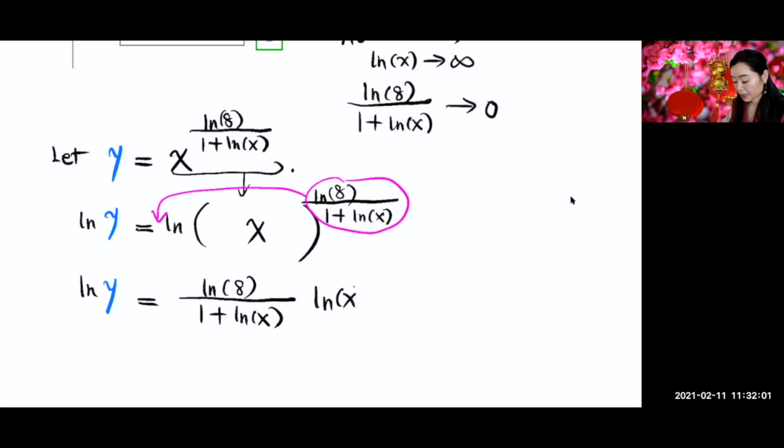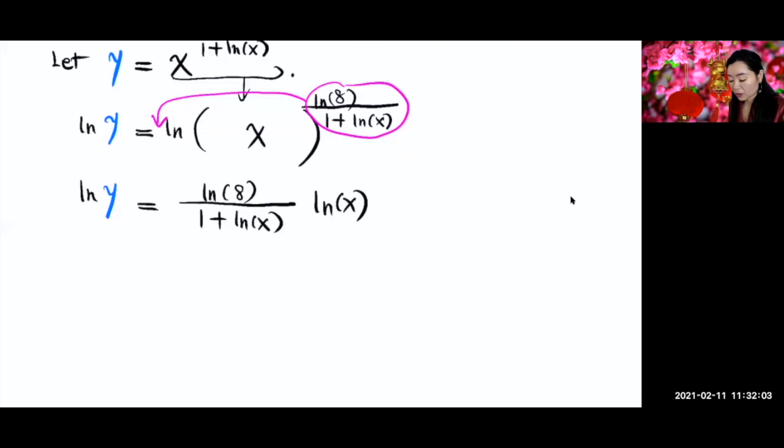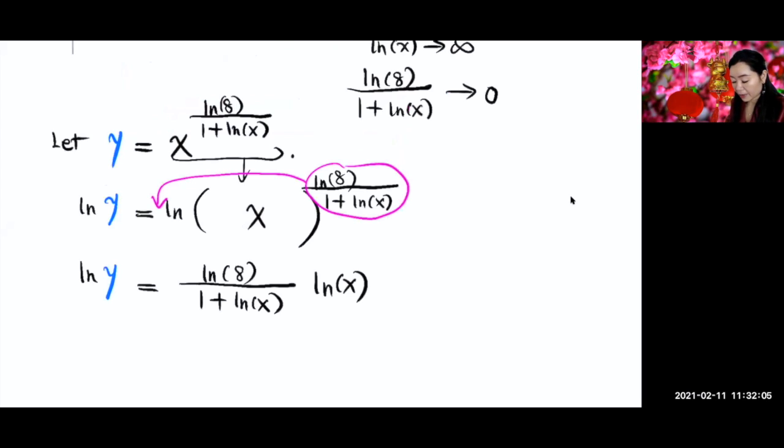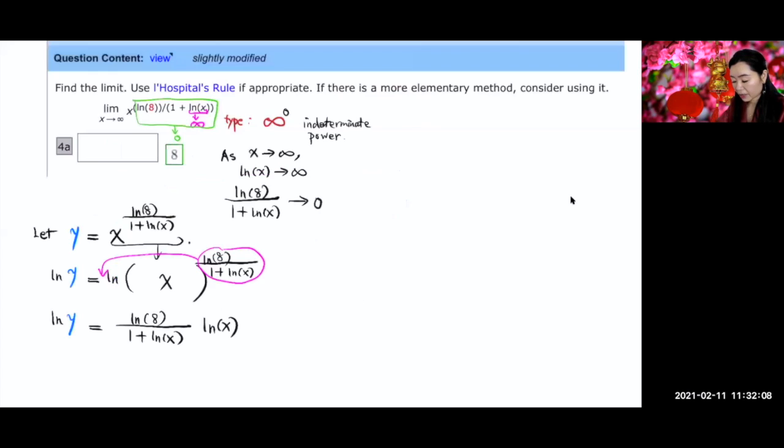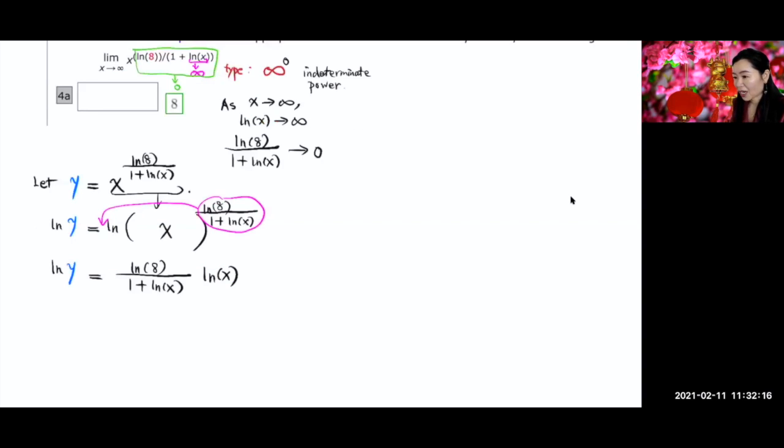Now instead of taking the limit of this function, we're going to take the limit of ln of this function. So we're going to take the limit of ln of y. And then later we can go back to find the limit of the function. Okay. So we're going to take this limit as x goes to infinity.